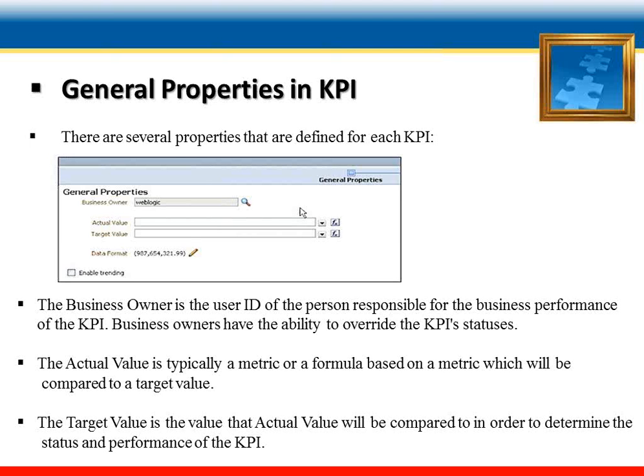And here the screen shows the actual value and target value. The actual value is a typical metric or formula based on the metric, which will be compared to the target value, so it is mainly based on the formula. In the apex square box, we can see the fx button that defines the formula for the actual value, and it will be compared with the target value to show our actual performance.